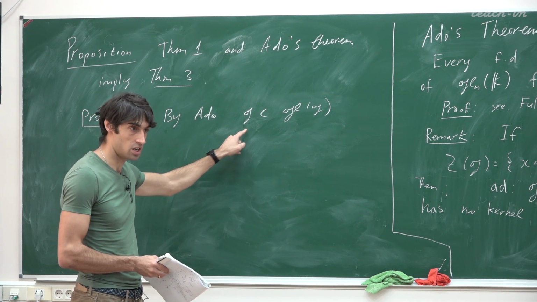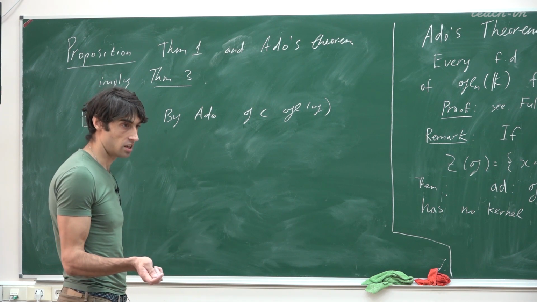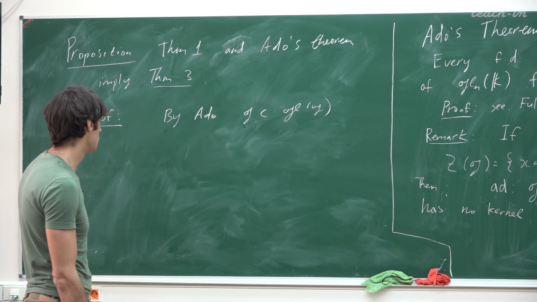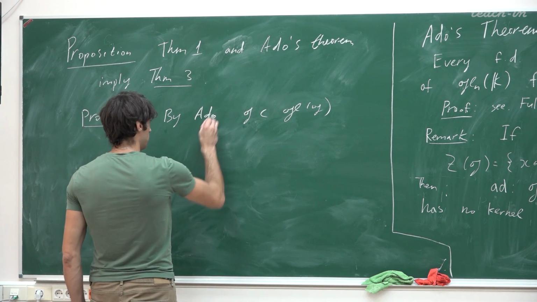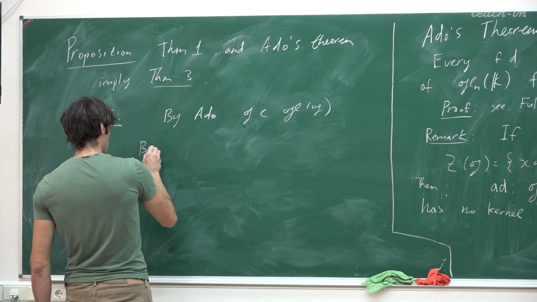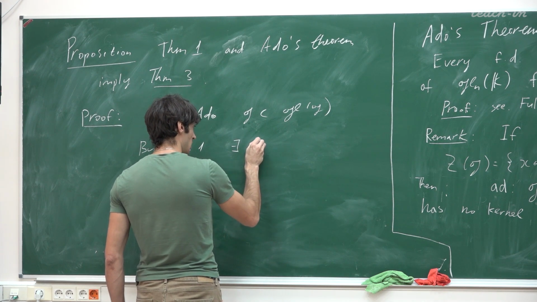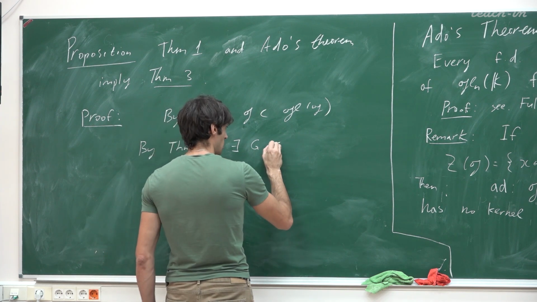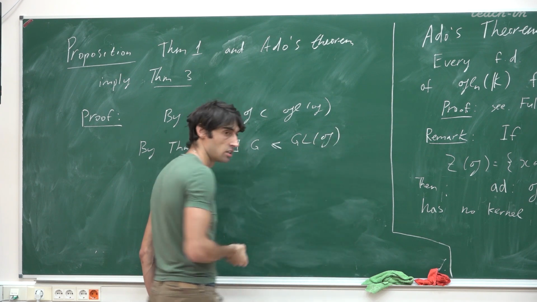Okay, first I'm going to construct some connected Lie group with this Lie algebra. How to do this? Again, this is a subalgebra in here, so by theorem 1, there exists G, which is a subgroup in GL(𝔤).